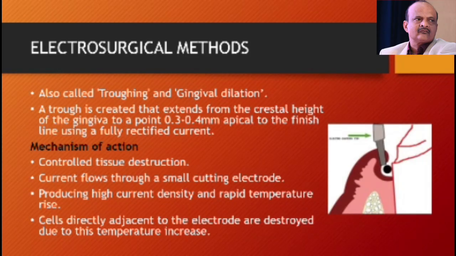The mechanism of action here is controlled tissue destruction, because the current flows in a small cutting electrode producing a high current density and rapid temperature rise at the tip, and the cells coming in direct contact with the electrode are destroyed due to the temperature increase. Thus it creates a trough.